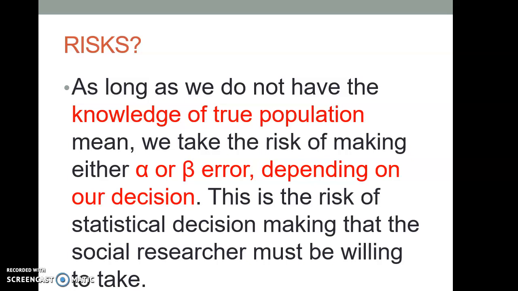And because they are only representations or estimates of our population, we always have the risk of committing either alpha or beta errors. And this is the risk that we should be thinking of in terms of our results. So there is no absolute result because most of the time, these results have errors with them.